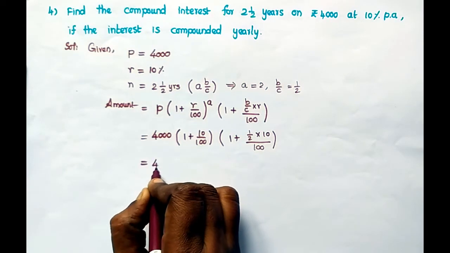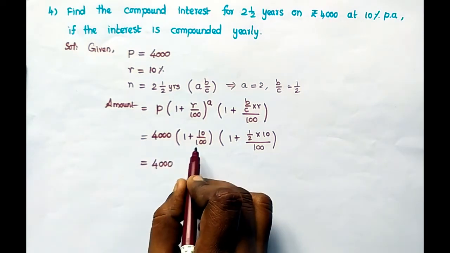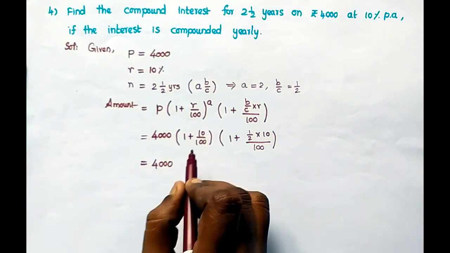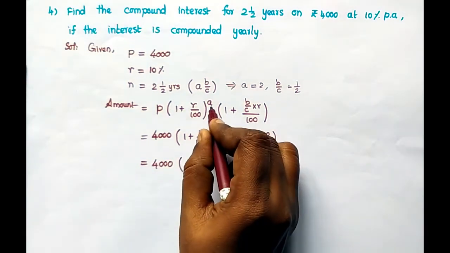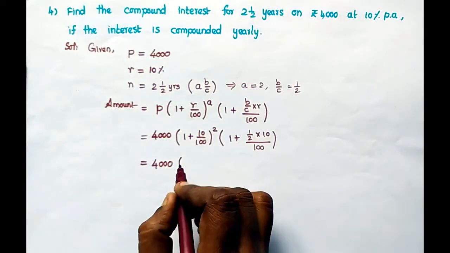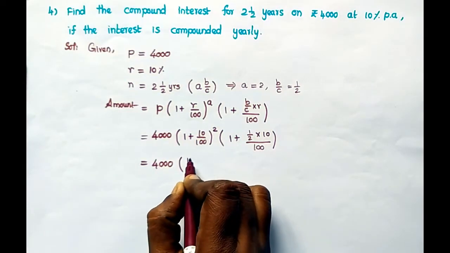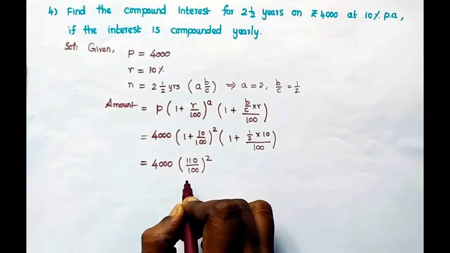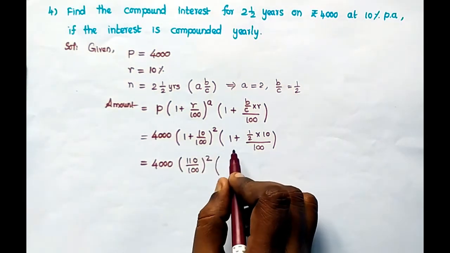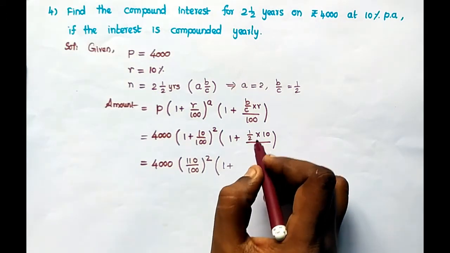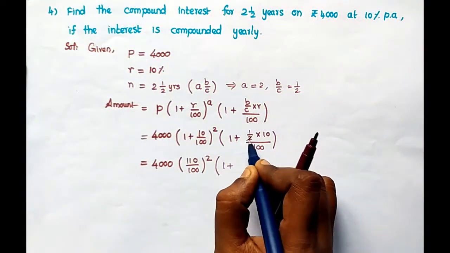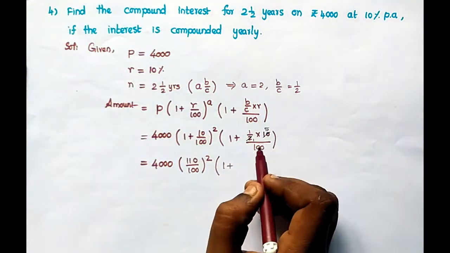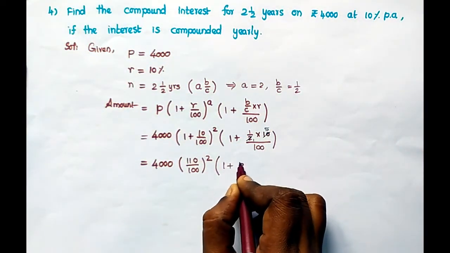Now 4,000 into (100 plus 10, 110) divided by 100, here A equals 2, so square, into 1 plus, cancel this, 2 1s are 2, 2 5s are 10, so here 5 by 100.